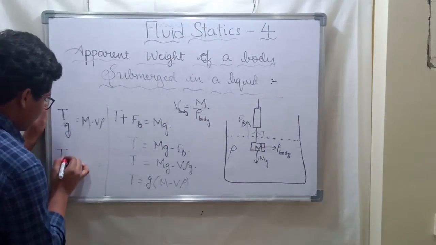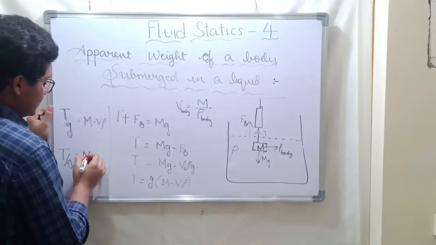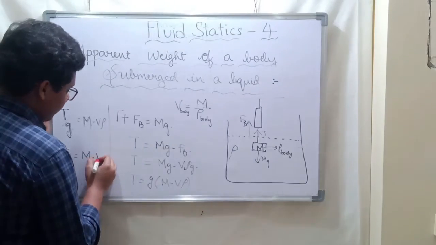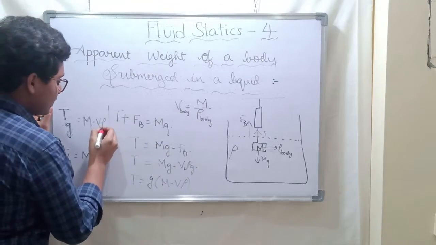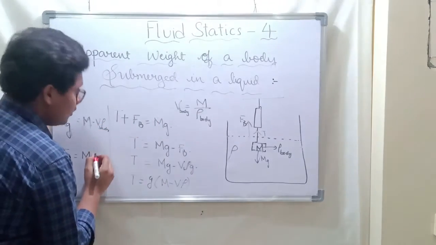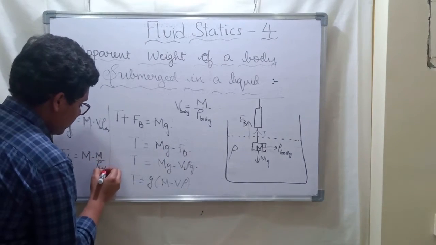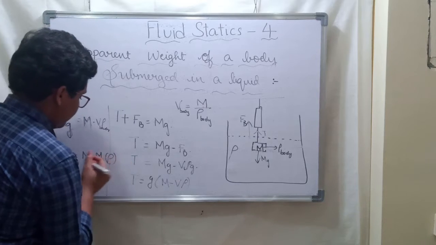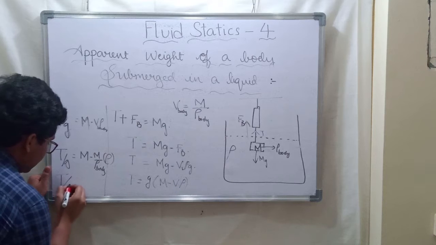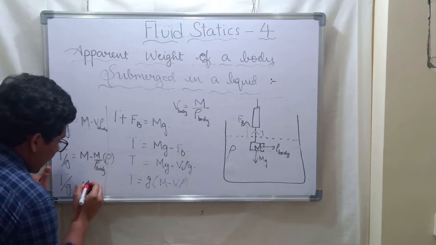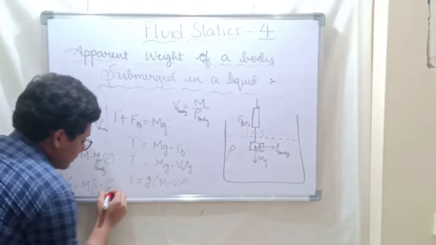So T by g is equal to m minus, we'll substitute this value in place of this, m minus m by rho of the body into rho of the liquid. So T by g is equal to m common, 1 minus rho of the liquid by rho of the body.